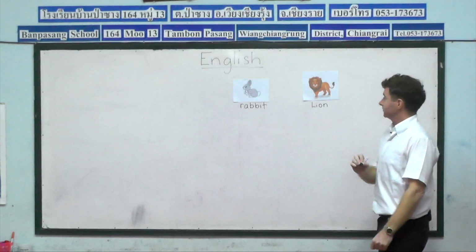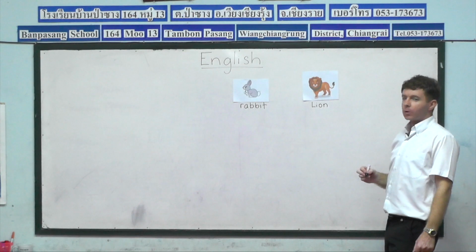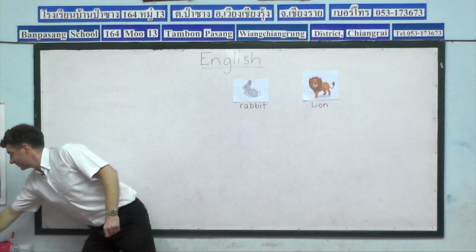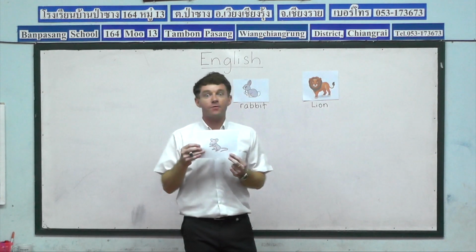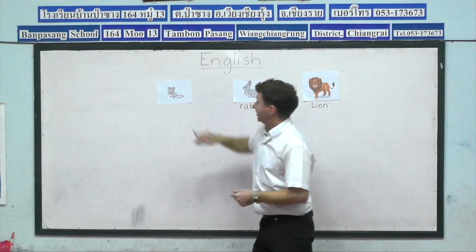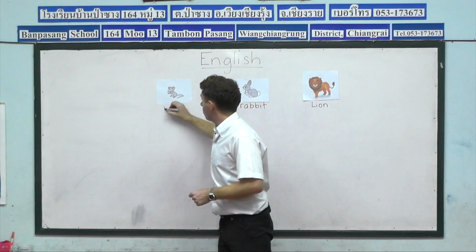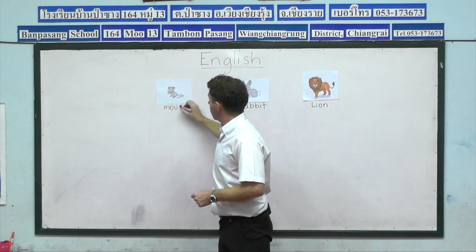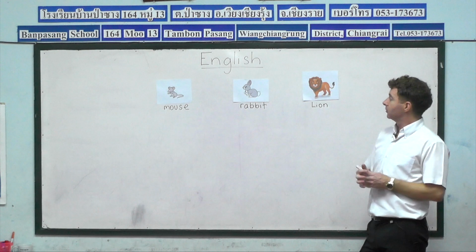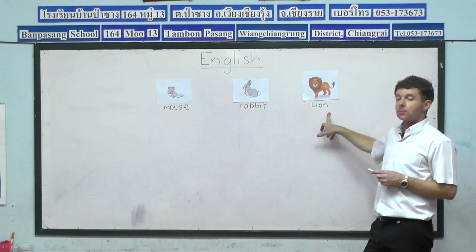R-A-B-B-I-T. Lion, rabbit. What comes next? Mouse. We have our mouse. How do we spell mouse, guys? M-O-U-S-E. Mouse, rabbit, lion. Okay.